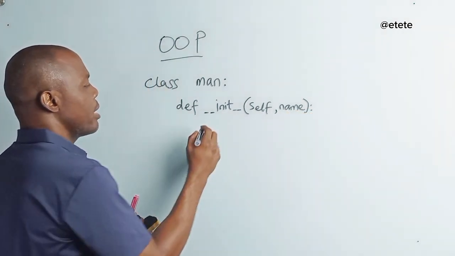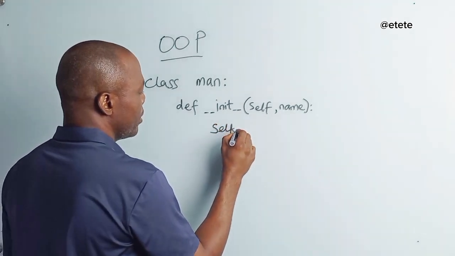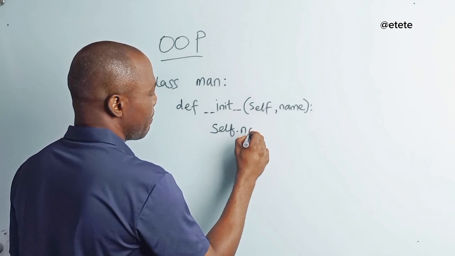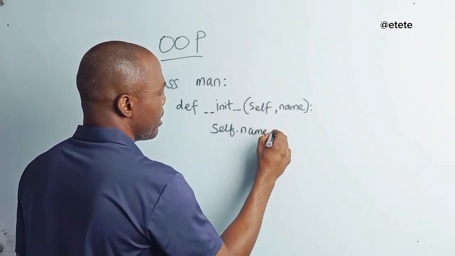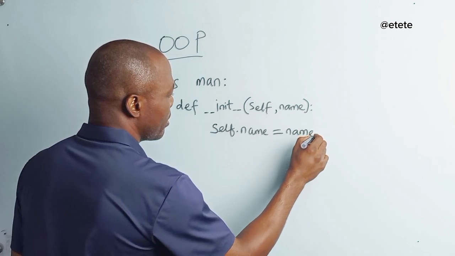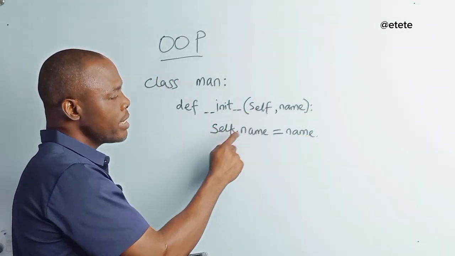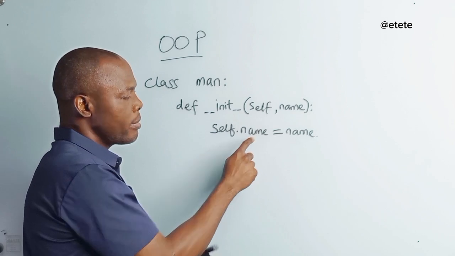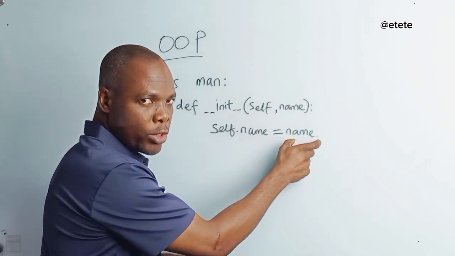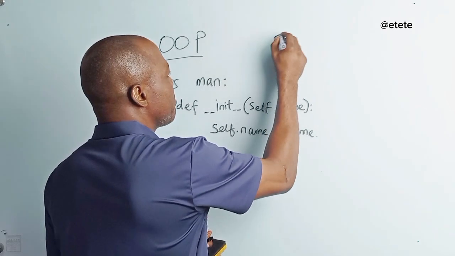When you go in, you are now going to call self dot name, assign name to it. All right, so this is it. So you can see I am now saying self dot name, which is the name. I'm assigning the name to it. So this is my own name.